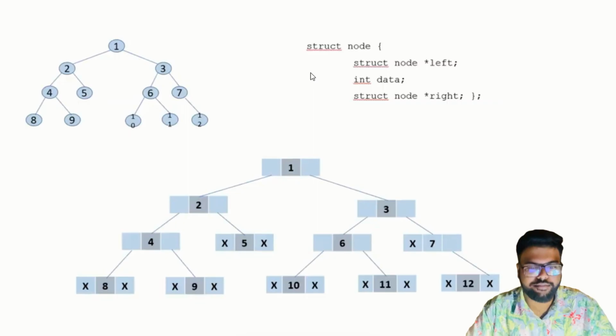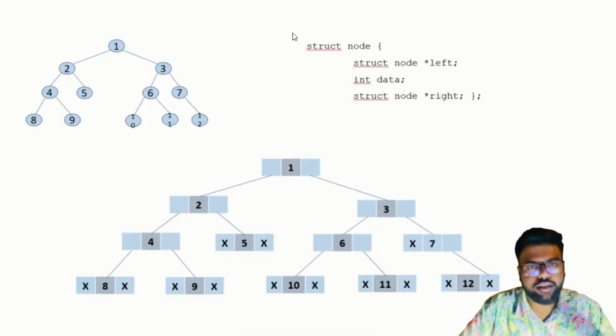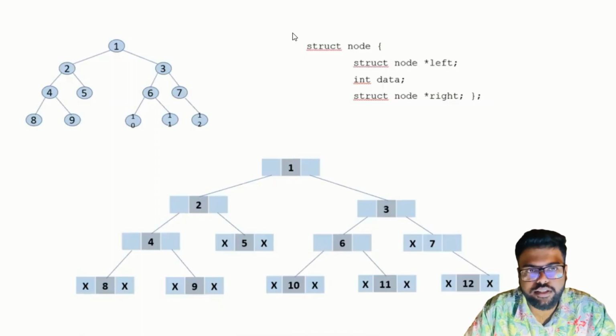As I said earlier, there are 3 parts: left node pointer, data element, and right node pointer.